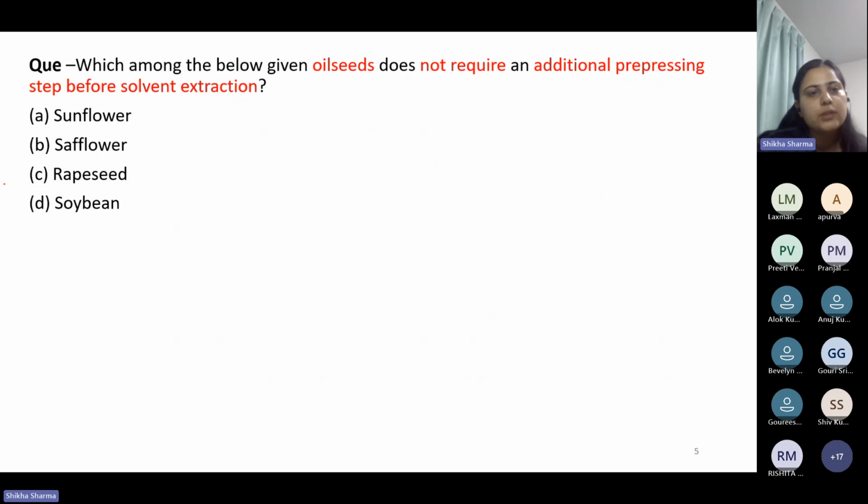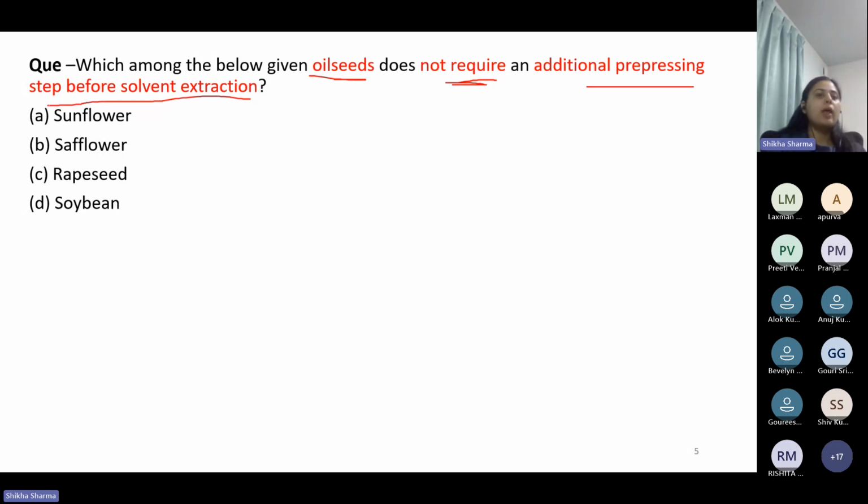So we are moving to the second question of today's session, which is: which among the below given oil seeds does not require an additional pre-processing step before solvent extraction.